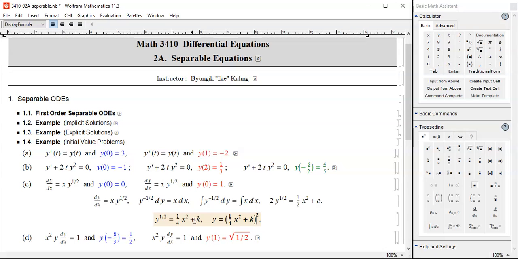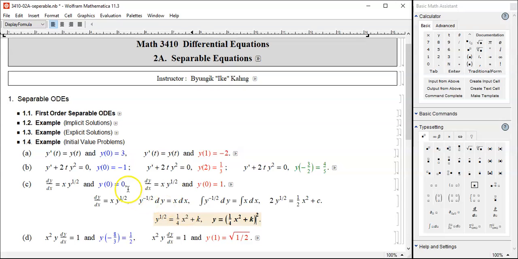So keep that in your mind. Maybe I'm giving away a bit too much. Anyway, setting up the separation of variables and getting a general solution is the easy part. The hard part begins now. Let's get those solutions based upon the initial conditions along with the intervals of definition.